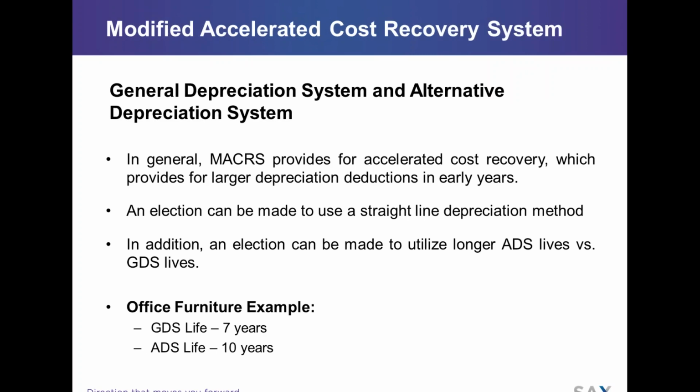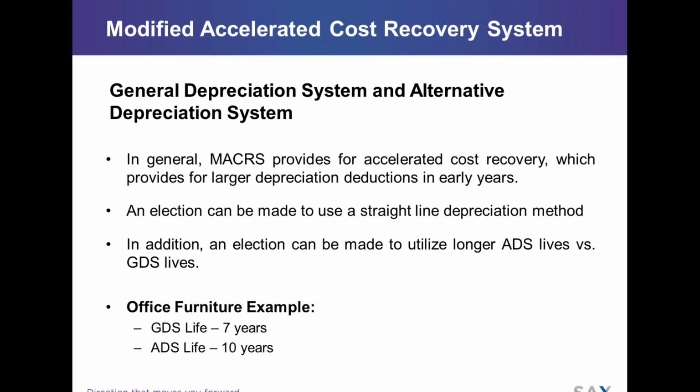There are actually some elections that can be made if you don't want to take as much depreciation up front. You can either elect to use a straight line method to be in line with your GAAP financials, or you can even elect to use an alternative depreciation system using longer lives.